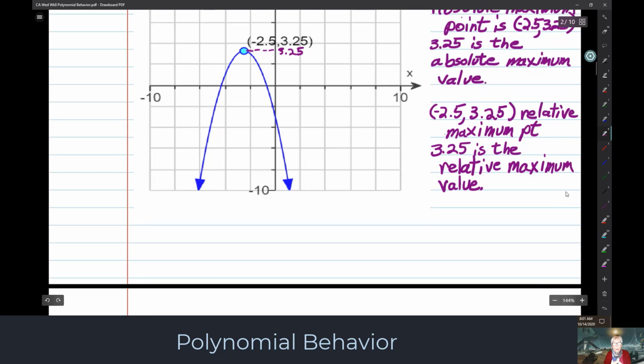Okay, now this question asks something else as well, and that is, what are the intervals of increase and decrease? So now I'm going to use green for increasing. Now you have to get that arrow out of your mind, and look at this totally from left to right. And when you do that, you see that that's increasing.